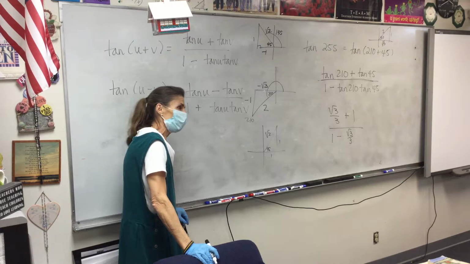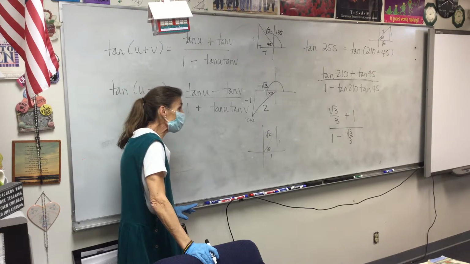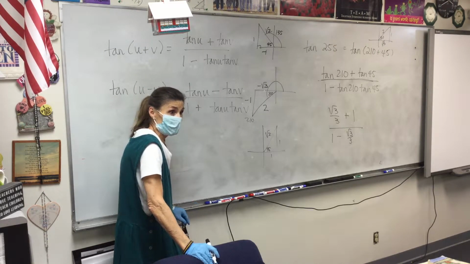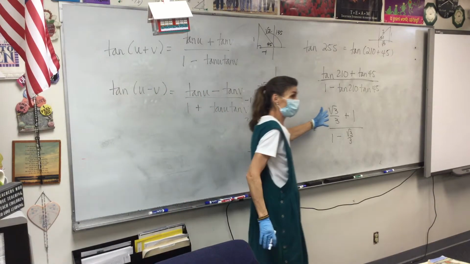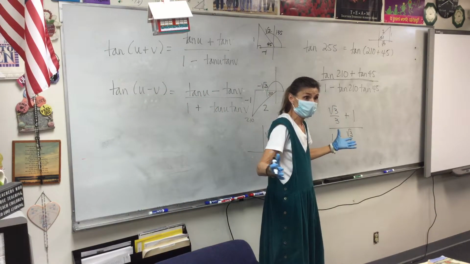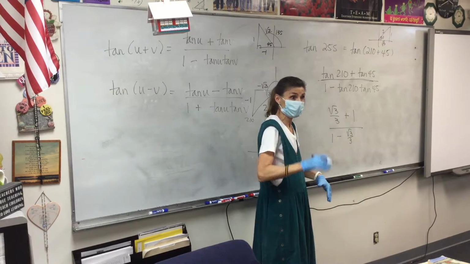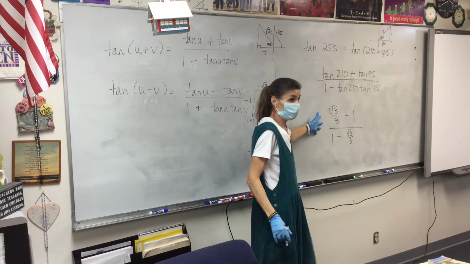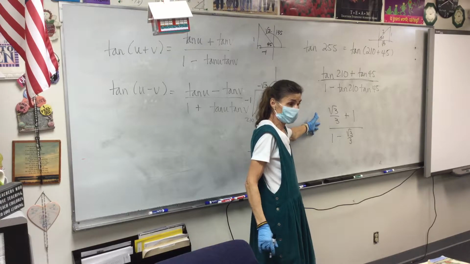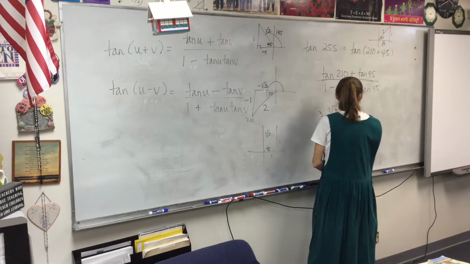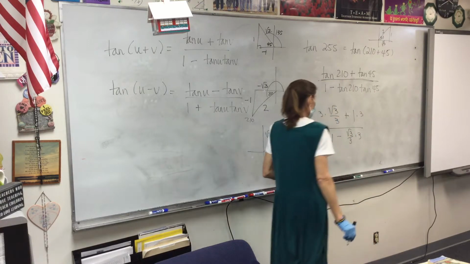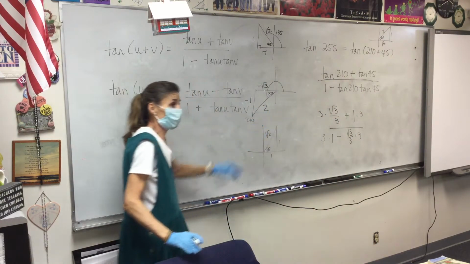Okay? Now, when I started this, I said because the tangent is a fraction, it always involves more arithmetic. So what we've got here is one of those big complex fractions, a big fraction with some little ones in it. What am I going to multiply by to take care of that? 3. So I'm going to multiply everything by 3. Kendall, would you let me finish, please? Then I'll get you. So we're going to multiply through by 3.